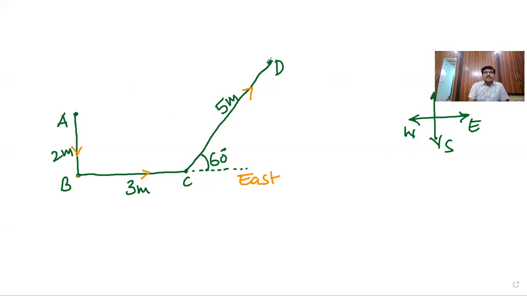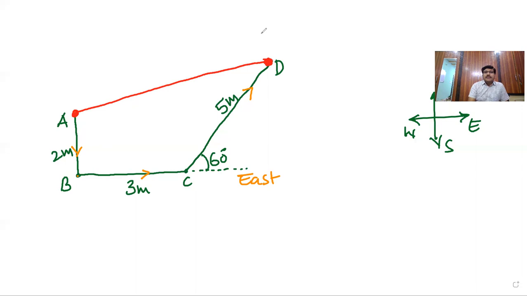If you sum up AB, BC, CD, that gives the distance. But it does not require distance. It requires displacement. What is displacement? The initial point A, the final point D. If you join the line, the shortest distance between the 2 points is nothing but the displacement. Now, I am interested in AD. AD is the displacement. Clear?